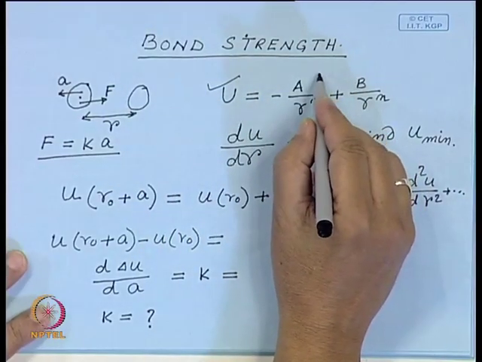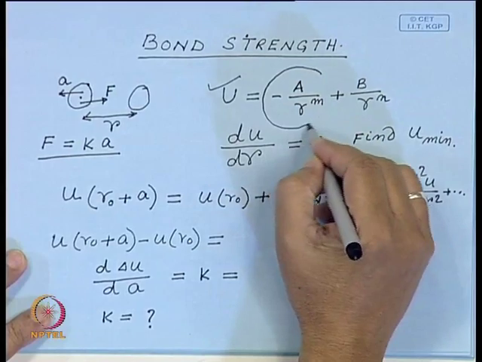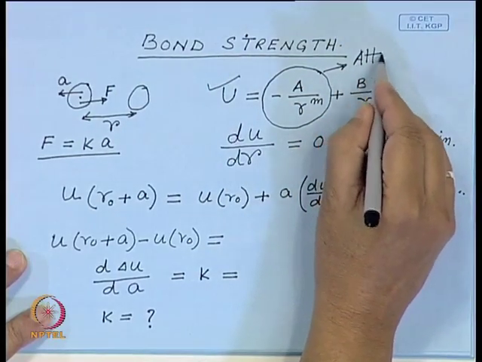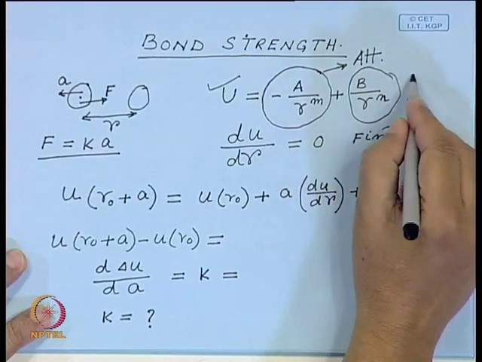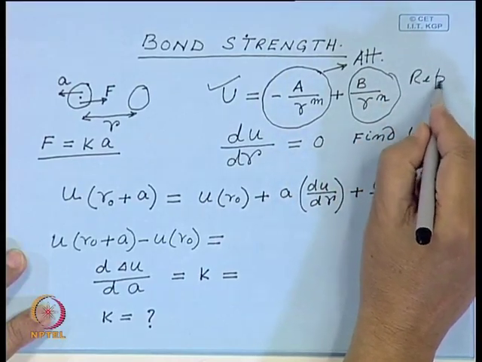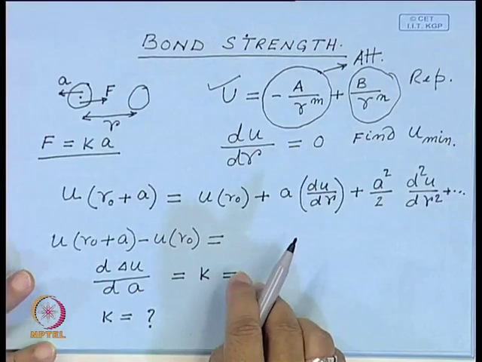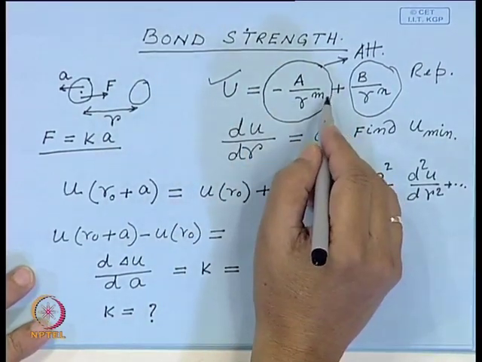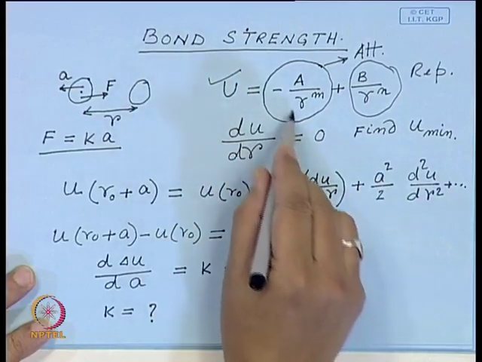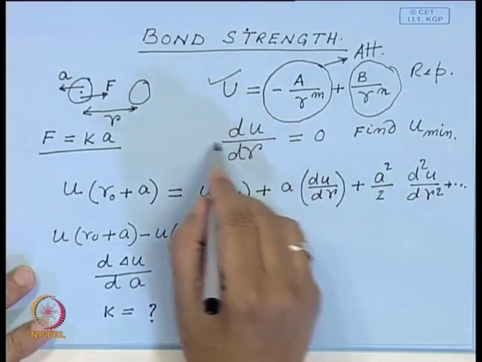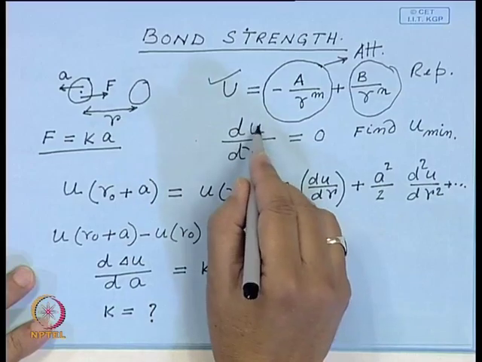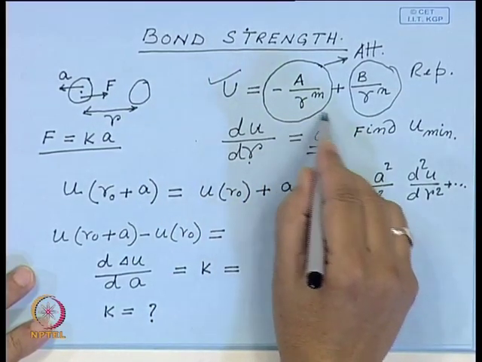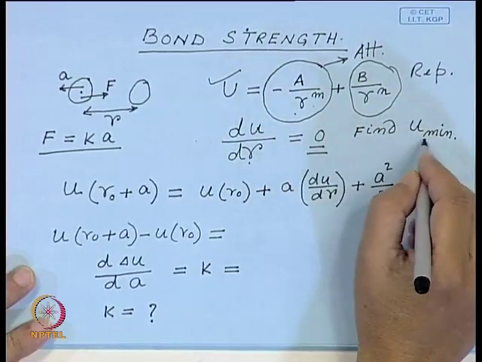It has two parts: this part is the attraction, and this is the repulsion. You can find out when this is minimum. To do that, you differentiate du dr, equate it to 0, and find at what r this is equal to 0.